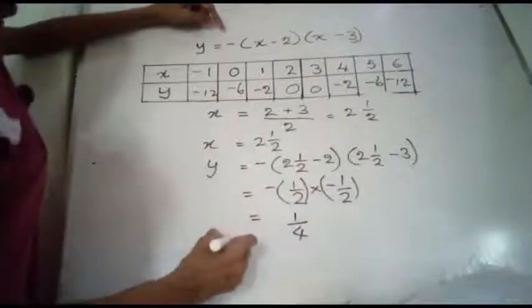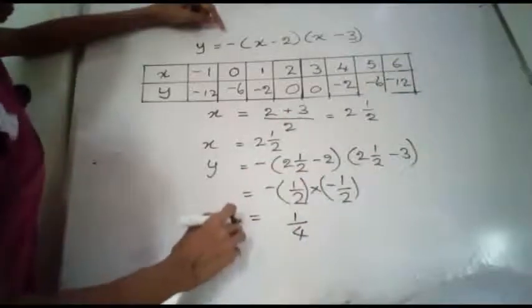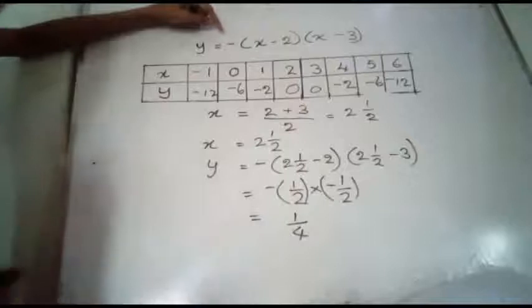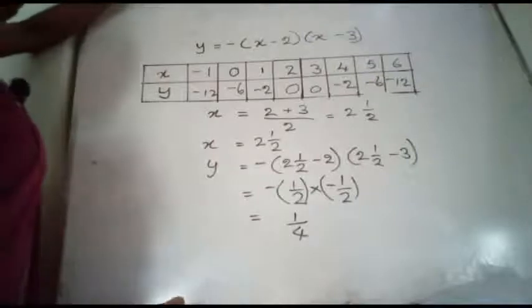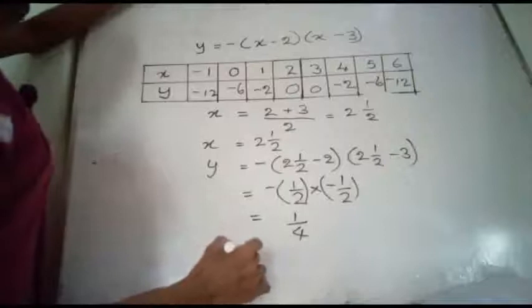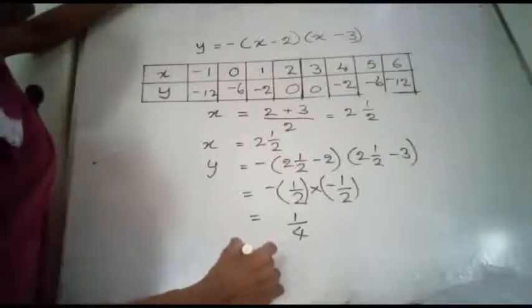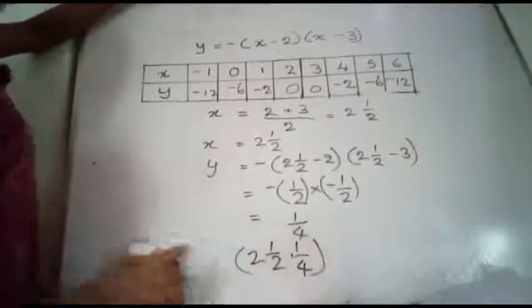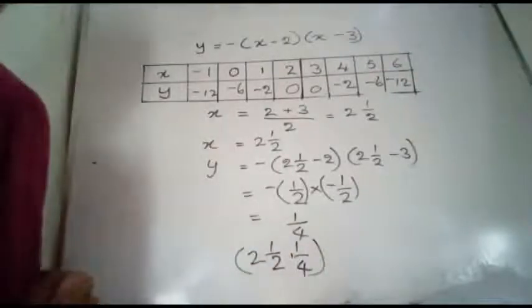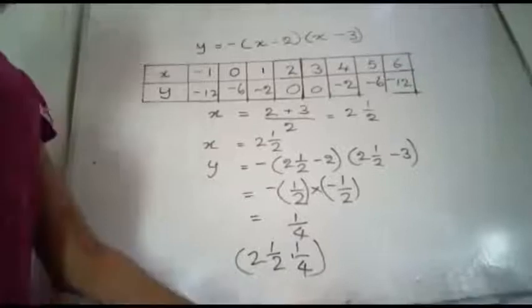Then the coordinates of the maximum point of the graph are 2 and a half, 1/4.